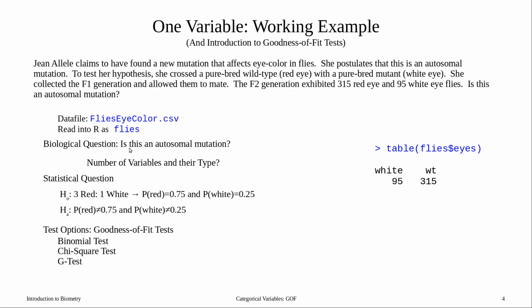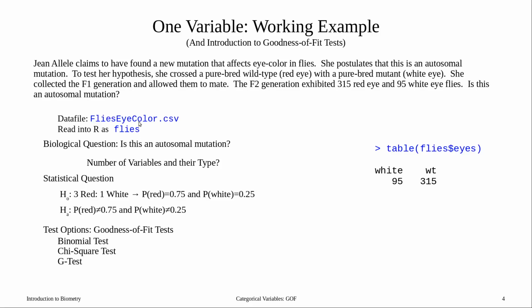What we have to do is generate the hypothesis. So our null and alternate hypothesis is simply, did we observe what we expect? That's a simple way, but to get a little bit more specific, the question is, well, what do we expect? Well, it goes back to the problem. If we know this is an autosomal mutation, or we suspect this is an autosomal mutation, then we should expect a 3 to 1 ratio, 3 red-eyed flies to 1 white-eyed fly.